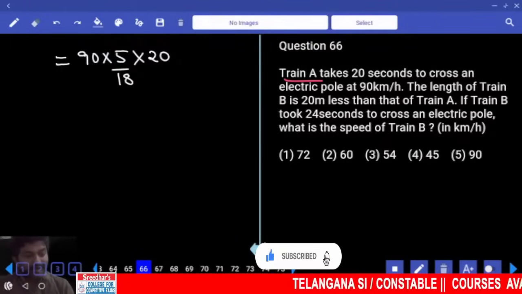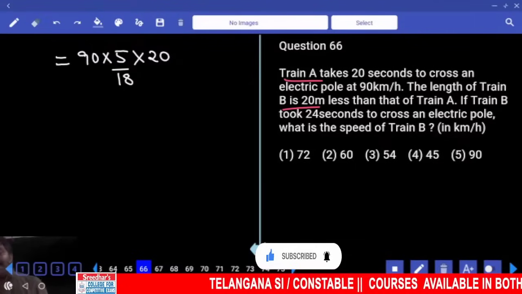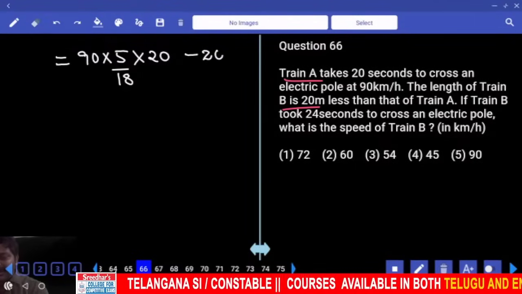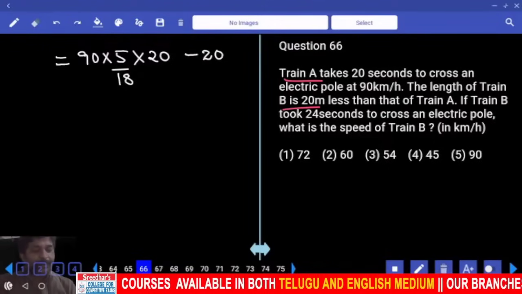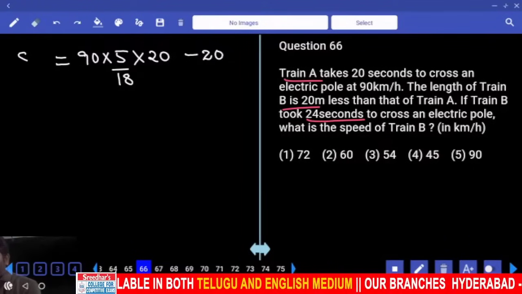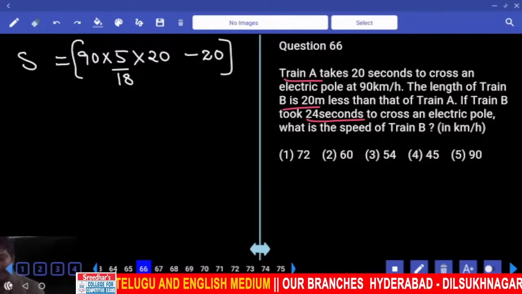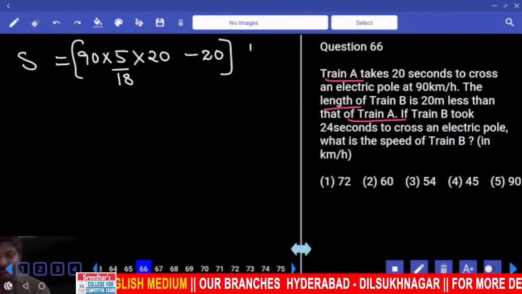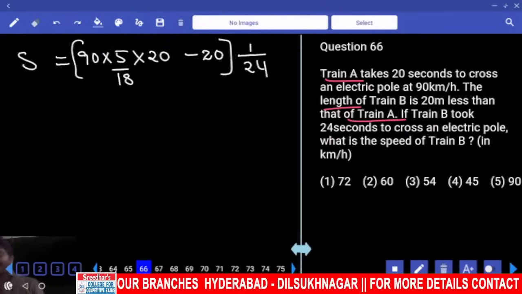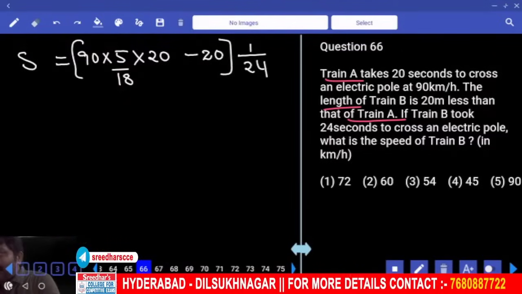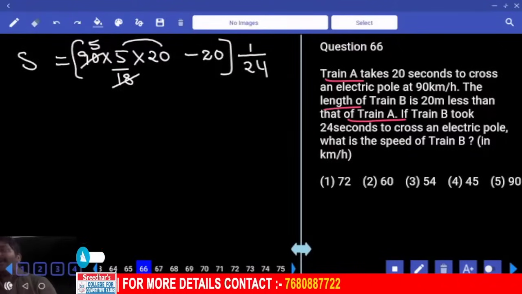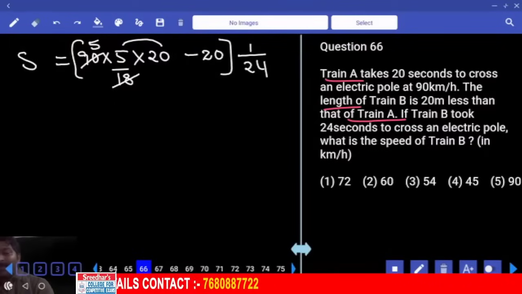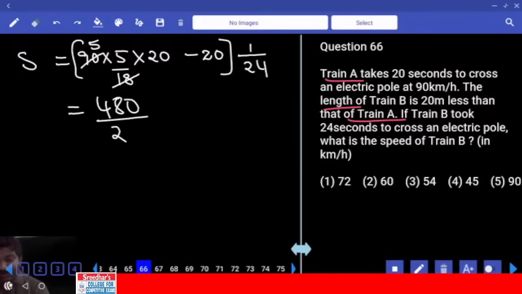If you calculate that, you will get some number, and that is equal to length of train A. Correct? Train B's length is 20 meters less than that, so minus 20. This is length of train B. Got it? And it crosses the pole in 24 seconds. Then speed is equal to distance divided by time only. So time 24 seconds. 90 into 5 by 18, 20 into 5, 100. 100 into 5, 500 minus 20, 480 divided by 24.